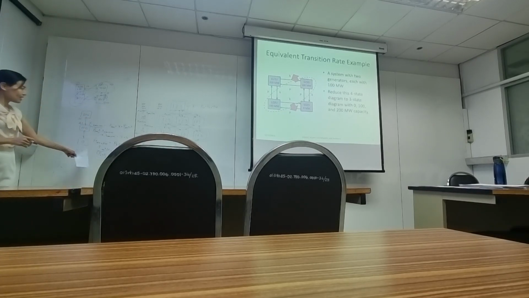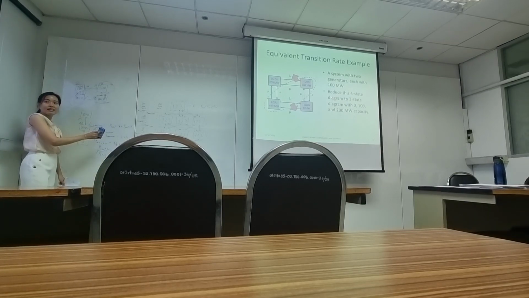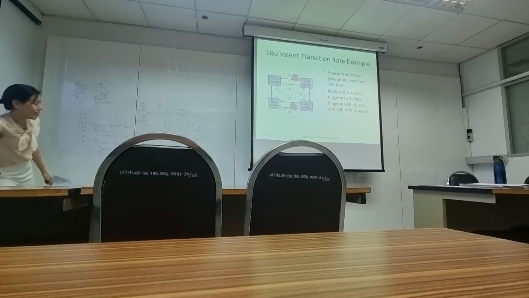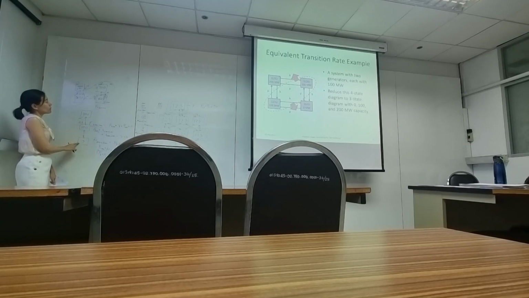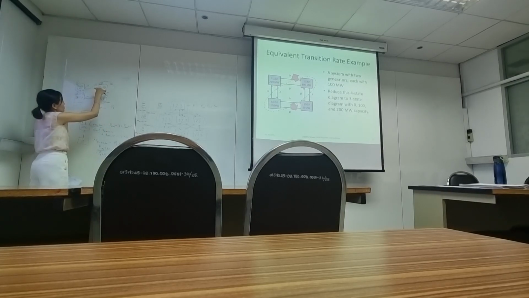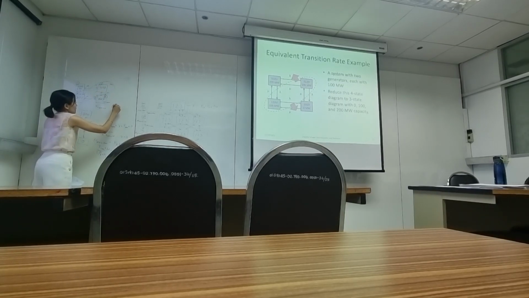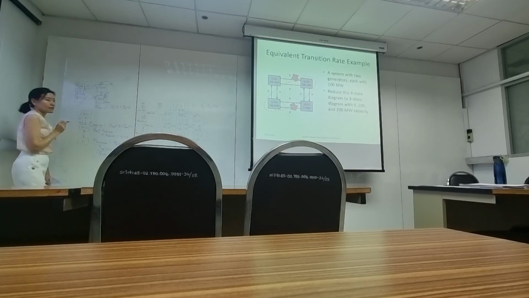Maybe I'll write it here. The frequency from 100 to 0 will be equal to the probability of 2 times lambda plus probability of 3 times lambda, right?